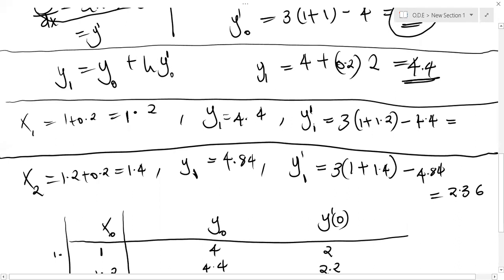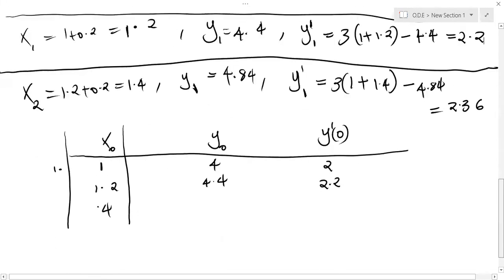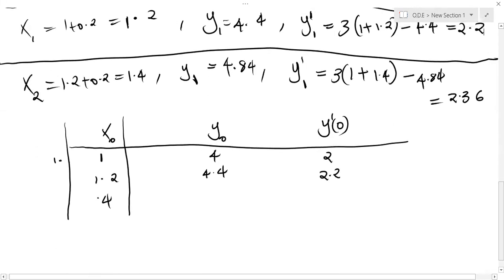Okay, I didn't write the answer for this. This is what we got for the earlier one, 2.2. So coming to the table, we have that 2.2. Then when we were using 1.4, we had this as 4.84 and then 2.36.